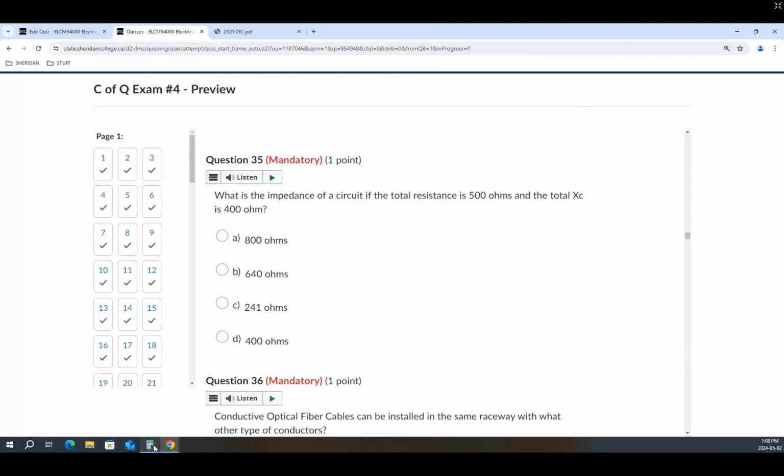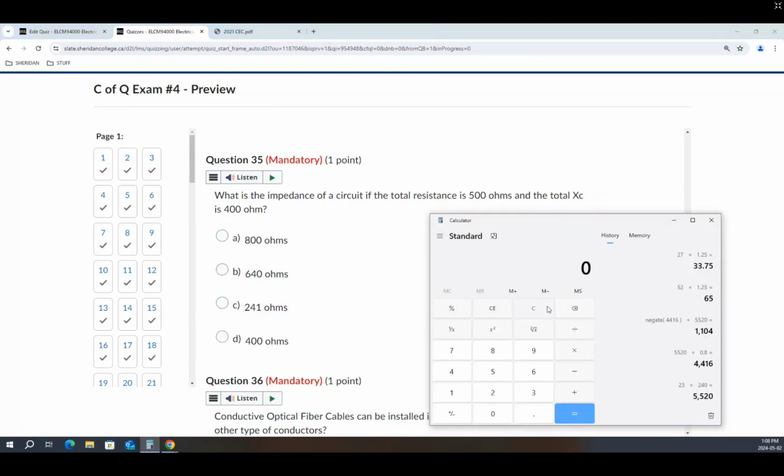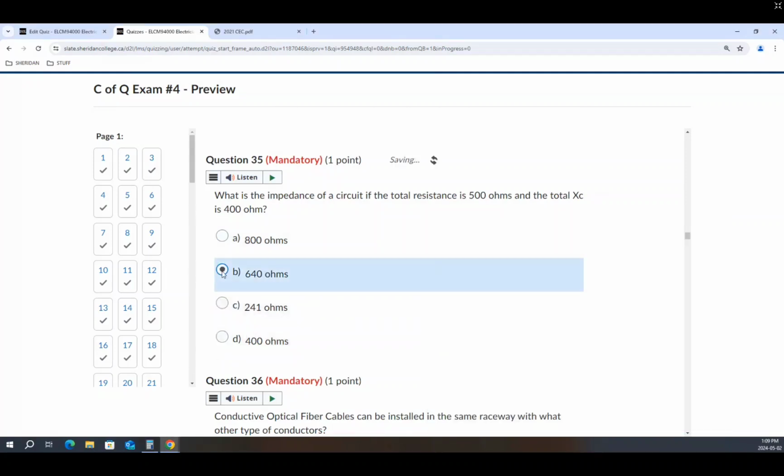So I've got to go 500 squared plus 400 squared equals, that's 4,100, and I need to take the square root of that. So it's 640. So of these, there's my answer, 640.